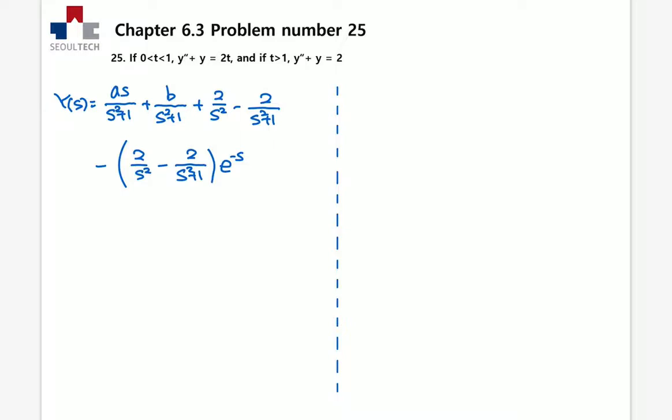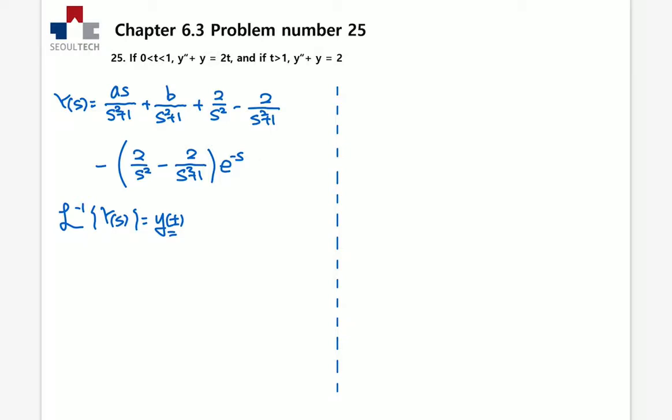So we have the algebraic equation for this function. Next we do the inverse Laplace transform of capital Y of s, which gives y of t, what we want to find.